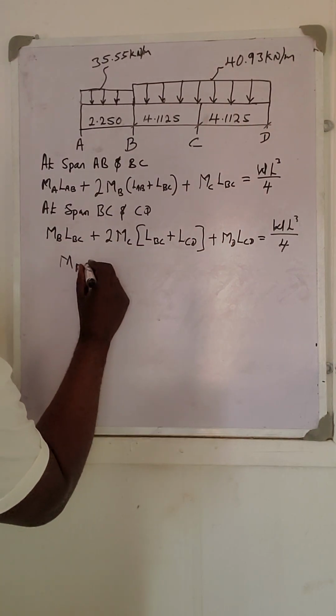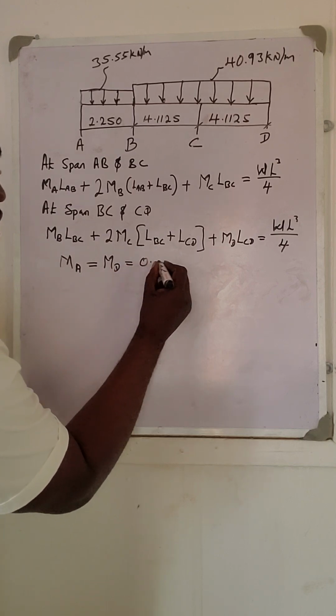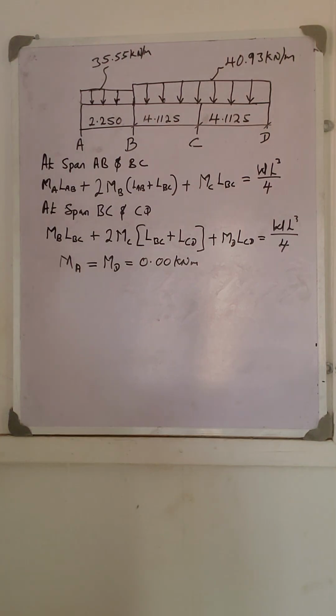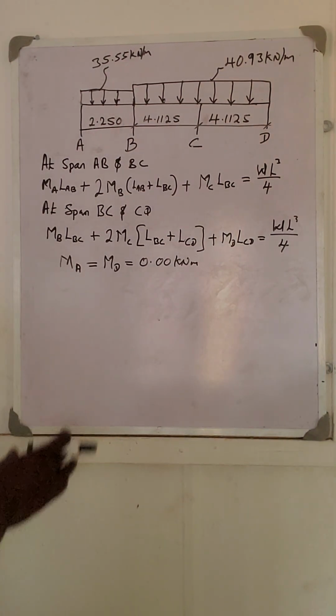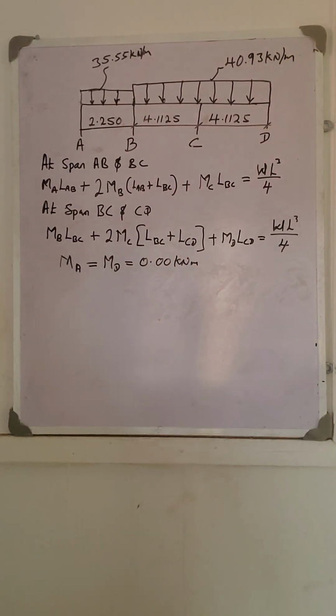It means that MA equals MD equals 0.00 kilonewton meter. That's for MA and MD, because they are at the outer supports, they are equal to 0.